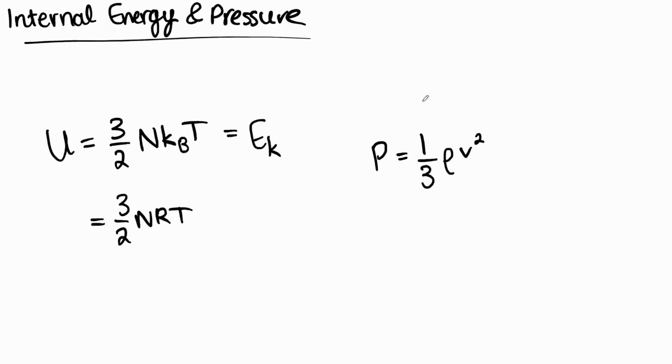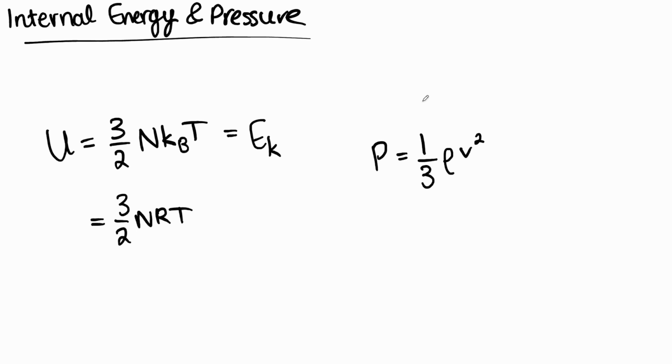Now, internal energy and pressure. These are just part of the energy in the gas. Internal energy is related to temperature and kinetic energy. And here is the formula, 3/2 N k_B T, which is also equal to the kinetic energy of particles in the gas.